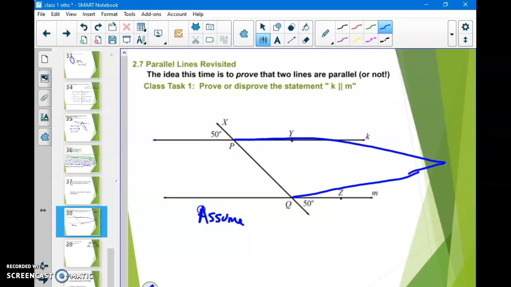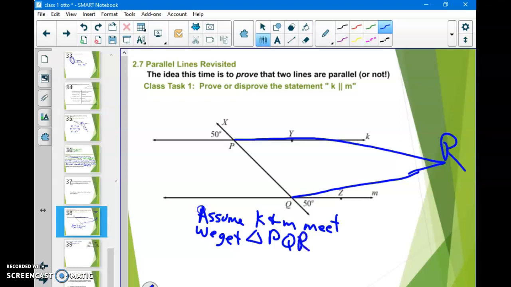We're going to assume that line K and M meet. And if they meet, we get a triangle, we'll call that triangle PQ. And just for the fun of it, let's throw an R out there. And R is the point at which they meet.